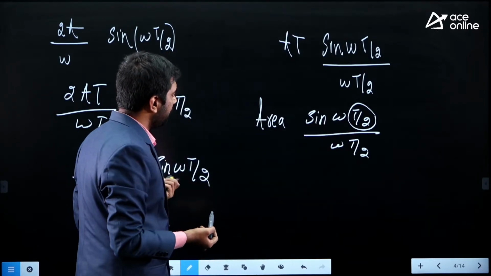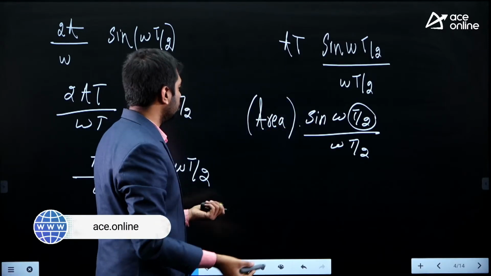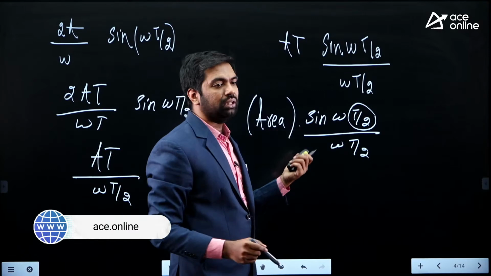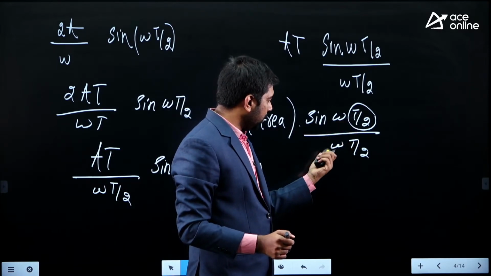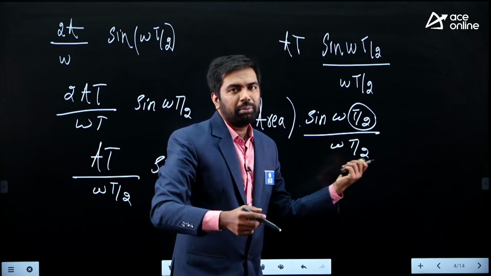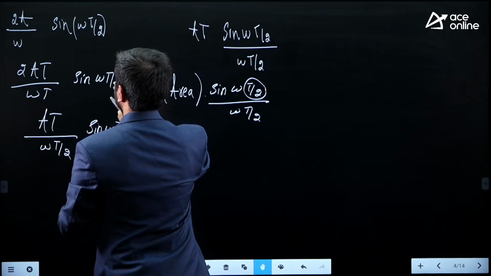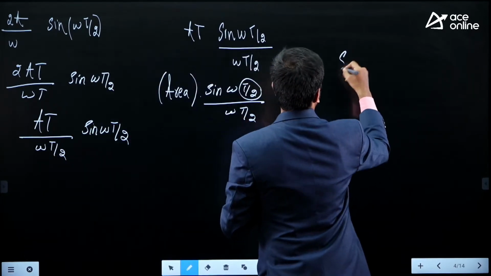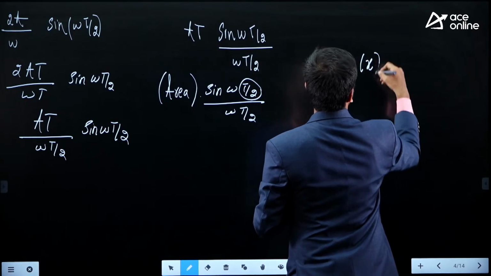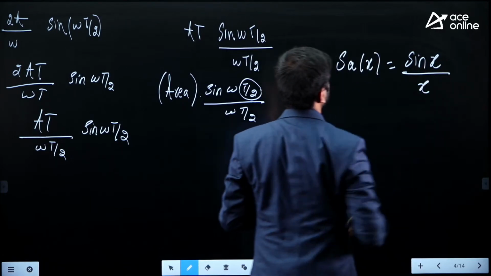If you want to find the Fourier transform of a rectangular pulse, it is so simple. It is the area of that rectangular pulse into sine omega into width by 2, divided by omega into width of the rectangular pulse by 2. We have a very simple notation here: sa x stands for sine x by x.